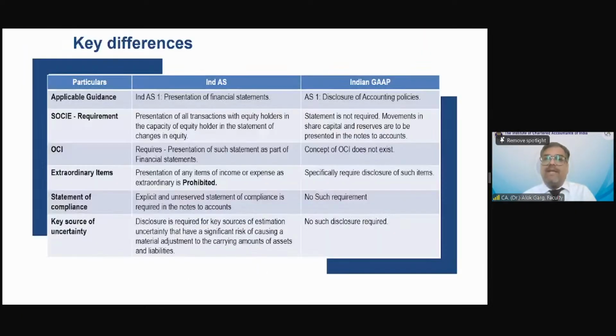Okay. So comparison between Ind AS and accounting standard. Ind AS 1 is a very detailed standard which covers presentation of financial statement. Accounting standard 1 was a small standard which was only taking care of disclosure of accounting policy.